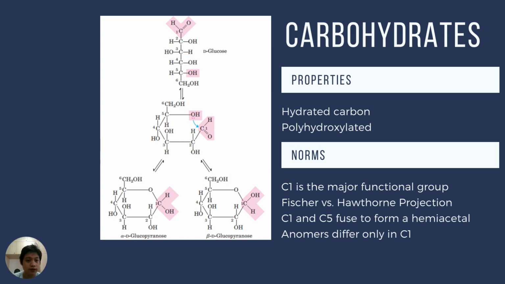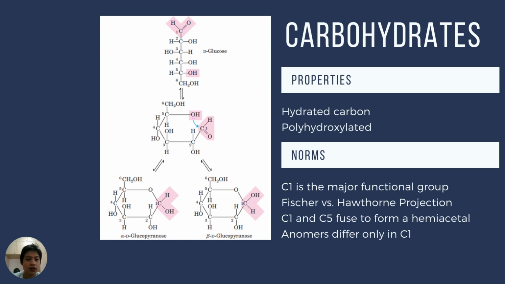Carbon number 1 and carbon number 5 will fuse to form a hemiacetal. Okay? So a hemiacetal, if you will remember your organic chemistry, is the combination of an aldehyde with an alcohol. So take a quick look at the Haworth projection here in the middle and in the bottom of the image.